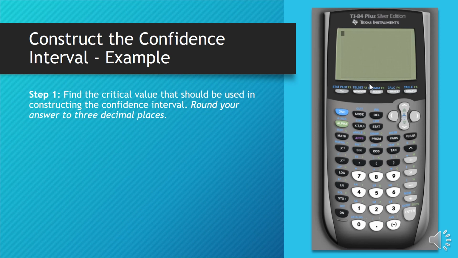And we know that our degrees of freedom was 25 because our sample size was 26. So we're going to paste that in. We're going to hit enter. Our calculator is going to take a second to compute the value. And there you have it. Our critical t-value is 1.316.